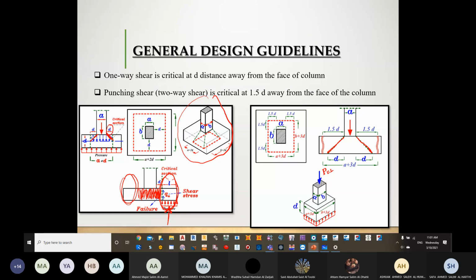Once again, it's very hard for me to uplift the column in this direction, or to uplift the foundation in this direction, because of the presence of the high load of the column. So the part which will go up is going to be this part, whatever we have as 1.5D. This is the part that I can lift.